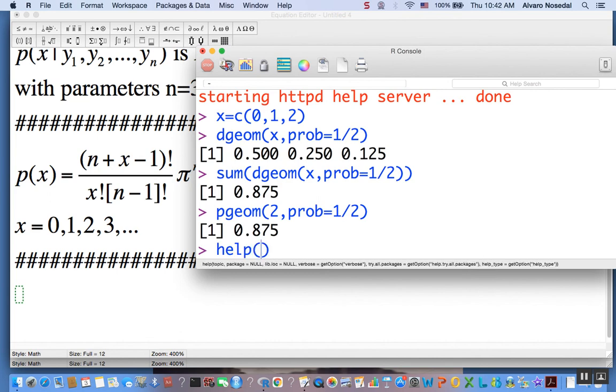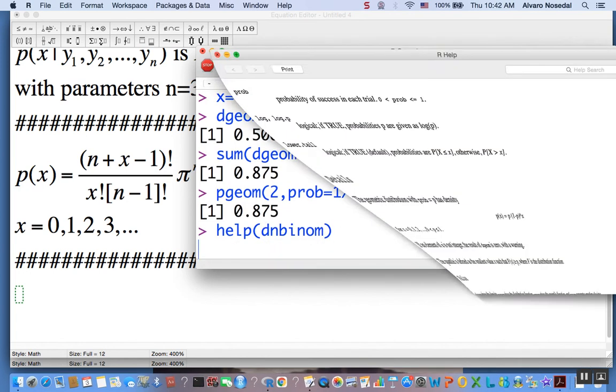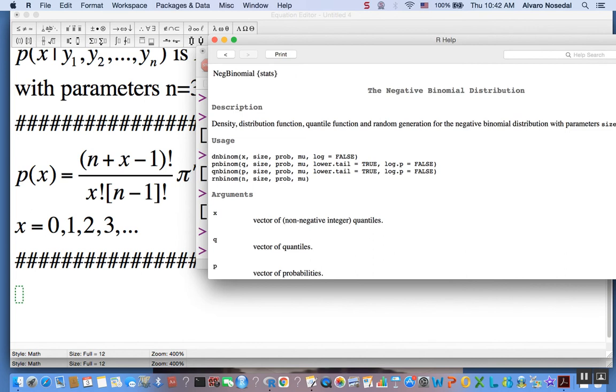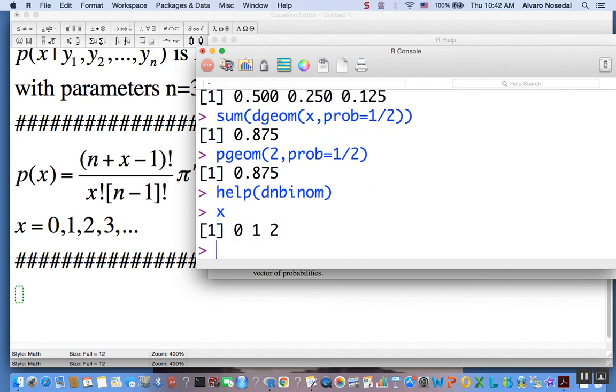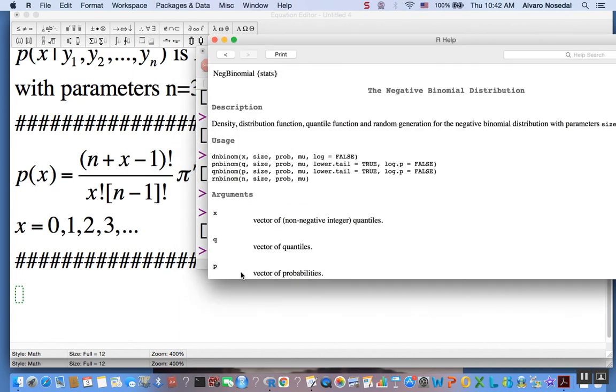Let's type help nbinom. This stands for, as you can imagine, negative binomial, and this is the distribution we're interested in. We want to evaluate at the same points 0, 1 and 2.